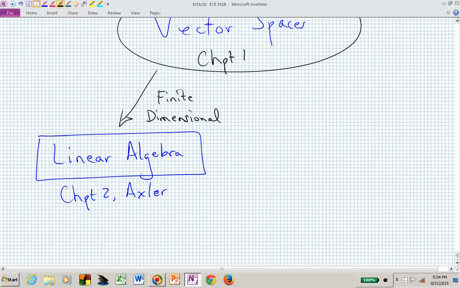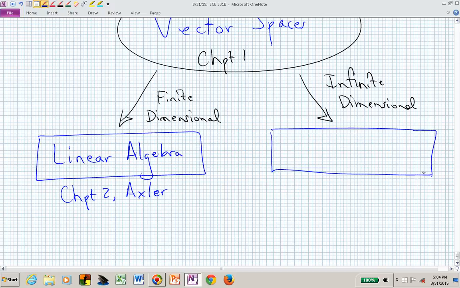If we went the other direction, and went infinite dimensional, then we would see that termed something else in the literature. That might be referred to as functional analysis, in contrast to linear algebra, and that's the second textbook of the class, which is Frank's textbook.